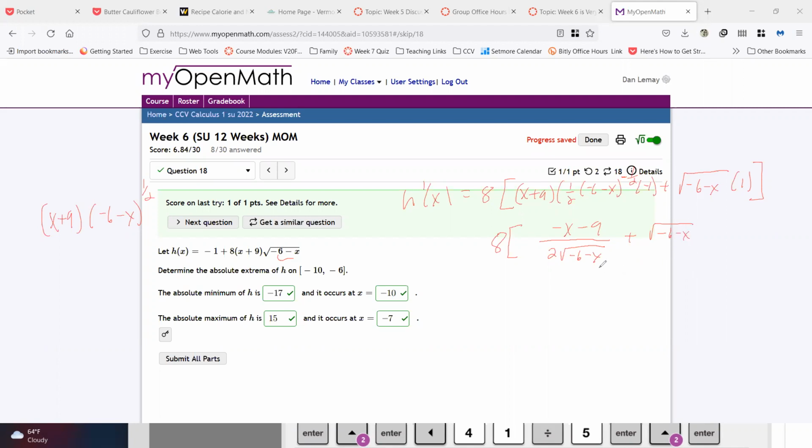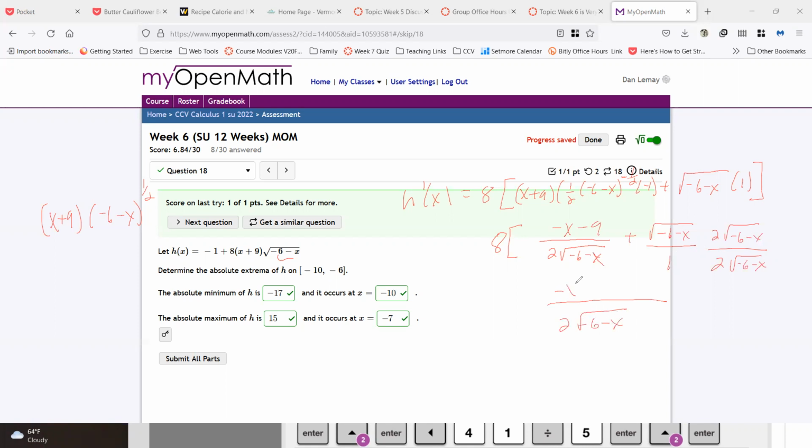Now I really need to have one fraction, so I have to look at my common denominator. That's going to be 2 times the square root of -6 minus x. So I'm going to multiply by 2 times the square root of -6 minus x over 2 times the square root of -6 minus x. That way everything's over that 2 times the square root of -6 minus x.